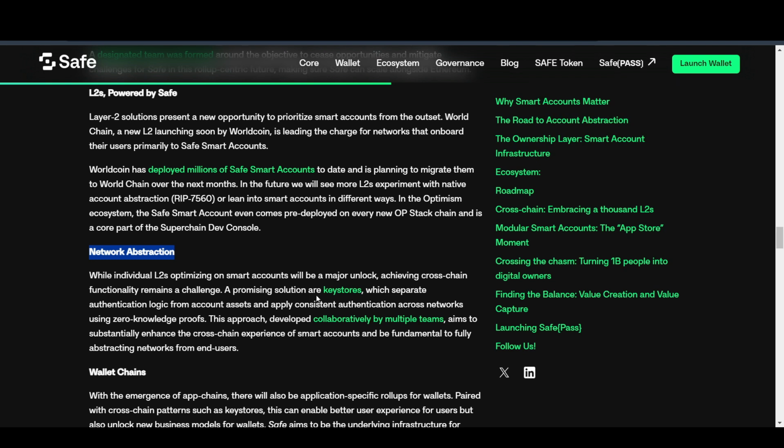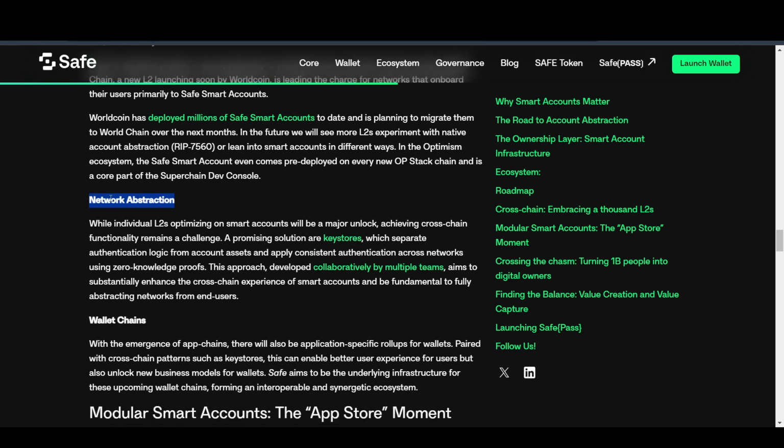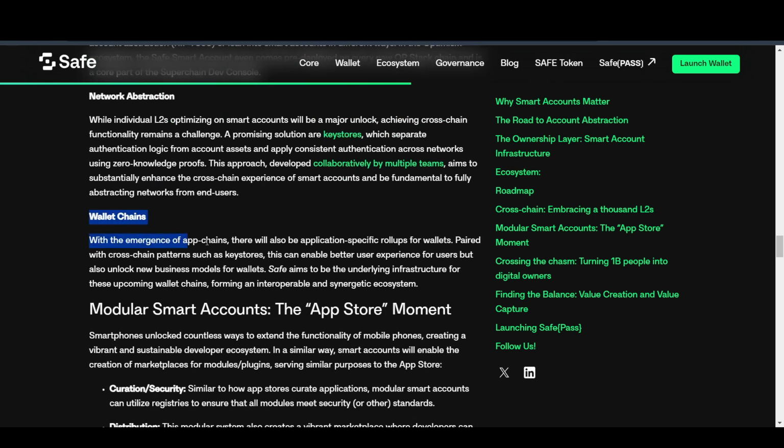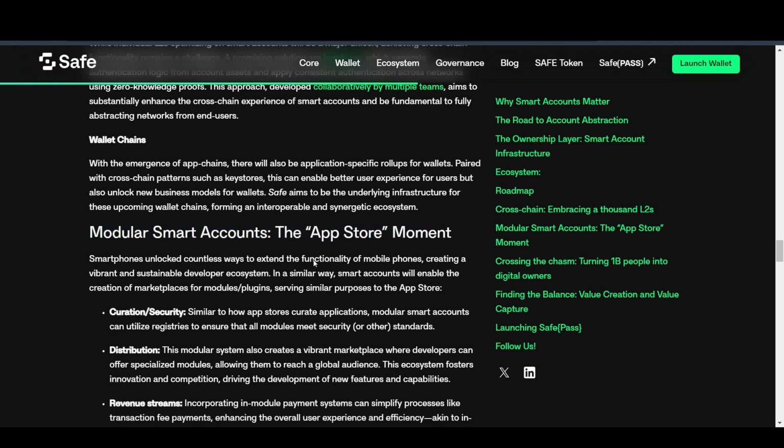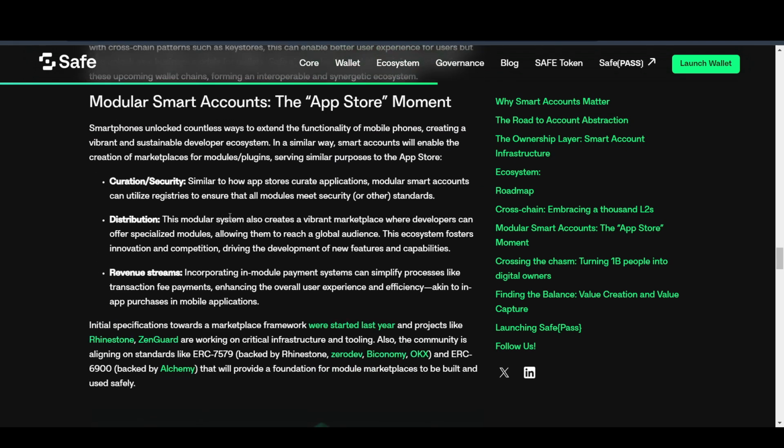A promising solution is keystores, which separate. So basically they have network abstraction. They also have wallet chains. They will also be going into modular smart accounts and the app store movement. So they are calling it the app store movement. So I think that will be big as well.